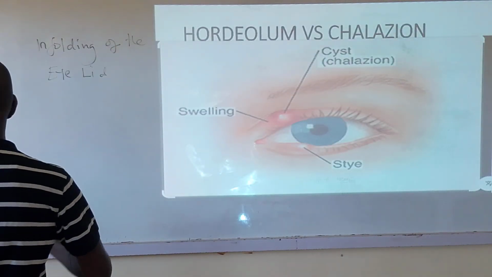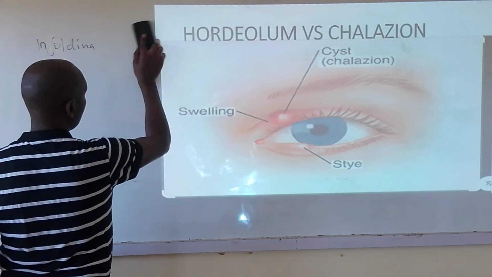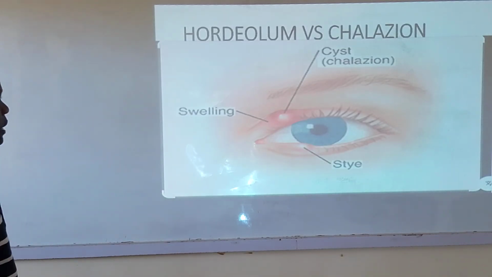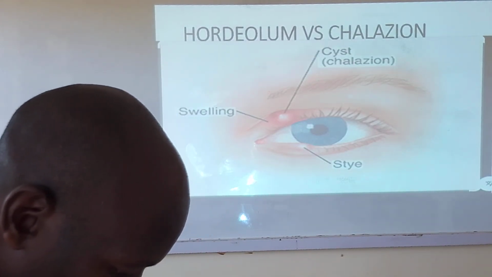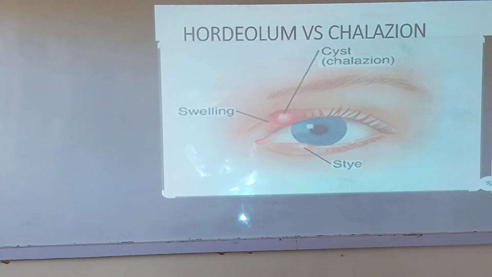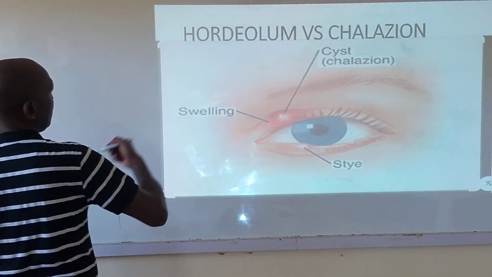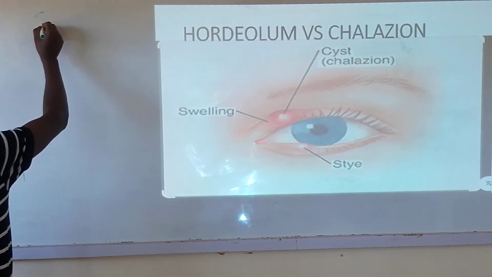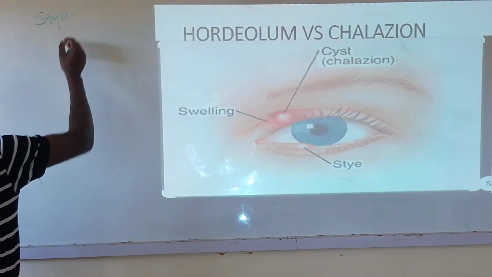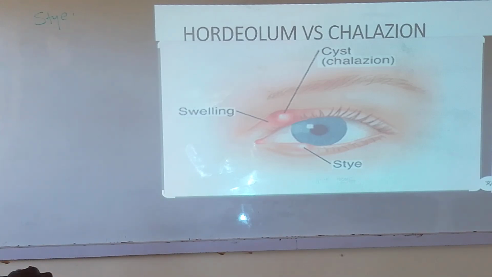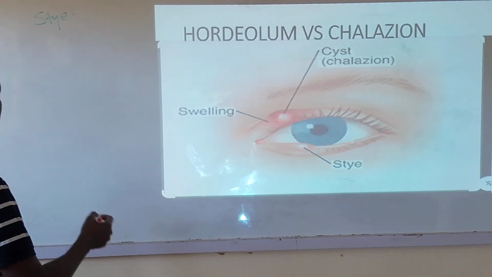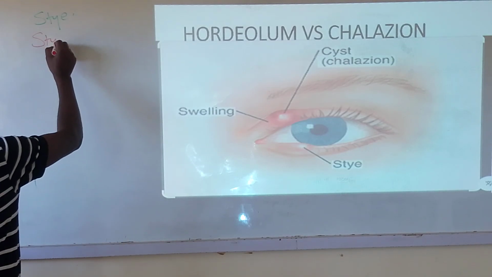Now we want to look at something called hordeolum against chalazion. So, remember, hordeolum is also known as the sty. Let me use a red one. Sty.